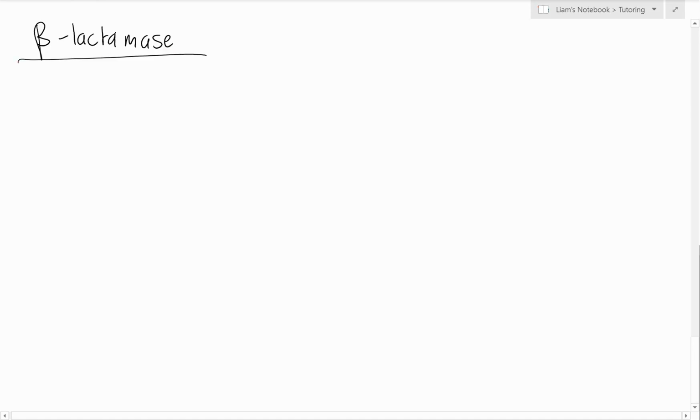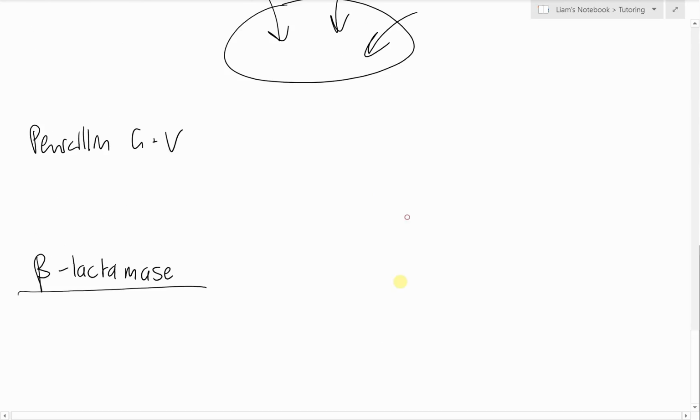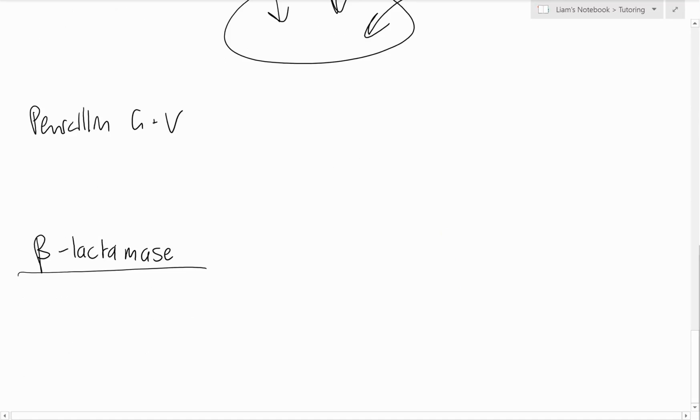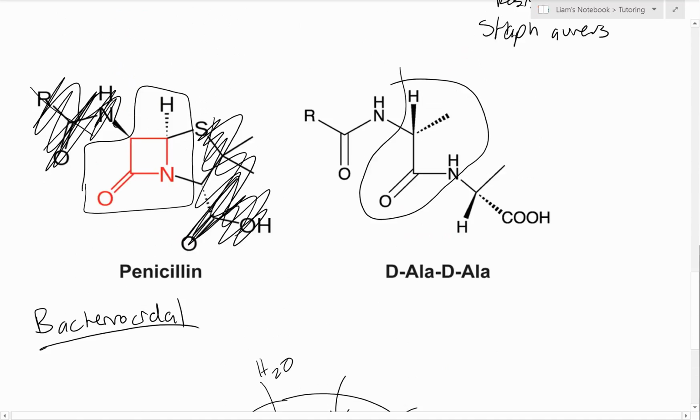It's an enzyme that's not involved in production of peptidoglycan, so it's not a transpeptidase, but it binds specifically to the beta-lactam ring, in fact. So it binds specifically to that ring that we talked about.